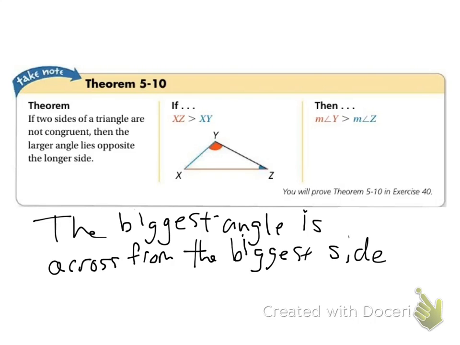And the same can be said about the smallest angle is across from the smallest side. And the medium angle is across from the medium side.